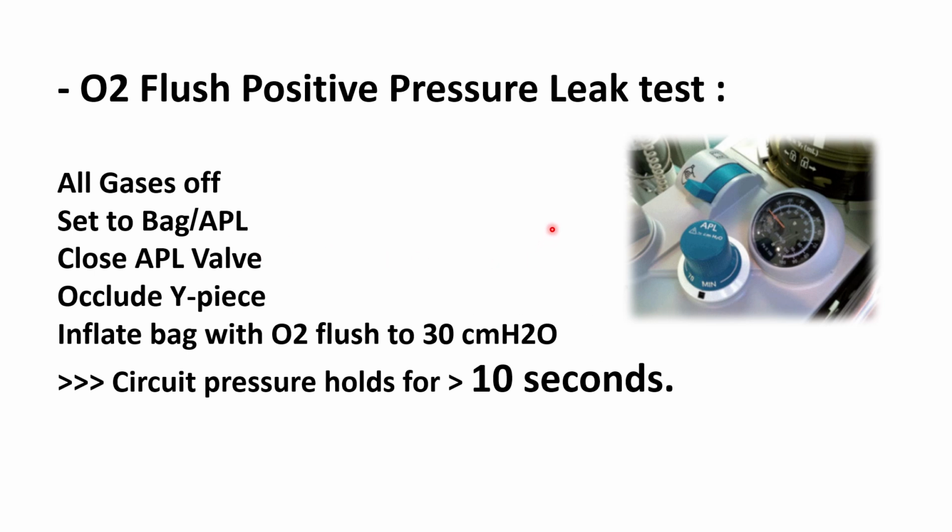Close the APL valve at 30 centimeters water. Occlude the Y piece with a finger or with the designated area on the anesthesia machine, and flush oxygen to inflate the bag to 30 centimeters water. If the circuit holds the pressure for more than 10 seconds, there is no leak. If the pressure decreases before 10 seconds, there is a leak and you should try to find it.